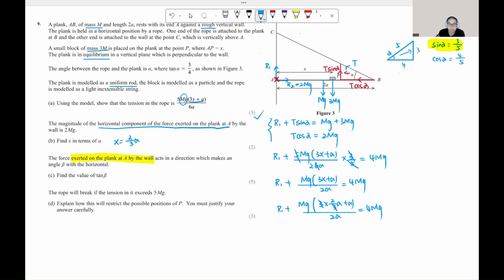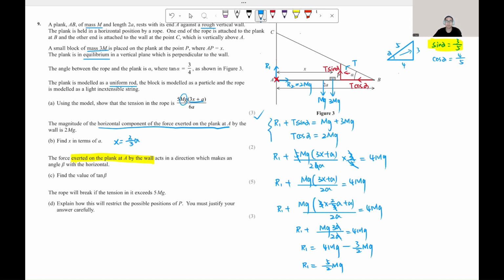So 2a plus a is 3a. So we have mg times 3a over 2a equal to 4mg. So then R1 is just equal to 4mg minus, a over a cancels out, so just left with 3 over 2 mg. So R1 is equal to, 4 is 8 over 2, so 8 over 2 minus 3 over 2, that'll be 5 over 2 mg.